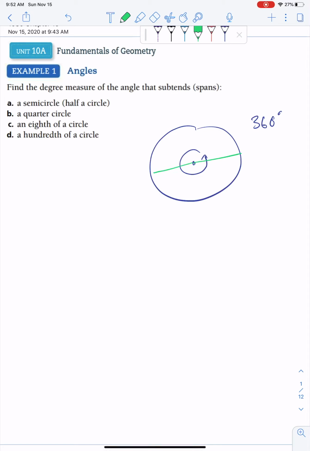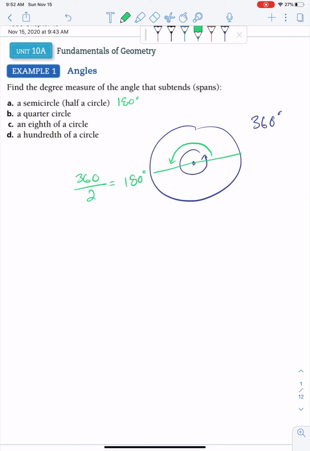So instead of going all the way around, I'm only going halfway around. Well, if all the way around is 360 degrees and I'm going halfway, I divide that by 2 and I get 180 degrees. So a semicircle is 180 degrees if we're measuring in degrees, okay?